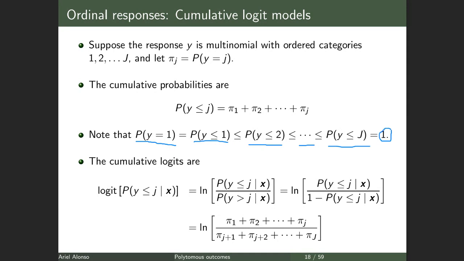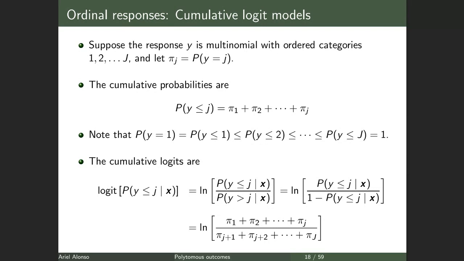Y goes from 1 to j, so the probability that y is smaller or equal than j is 1. And what the model does, basically, is we now model the logit of having y smaller or equal than j. That's why we call the model the cumulative logit model, because we model these cumulative probabilities, if you want.